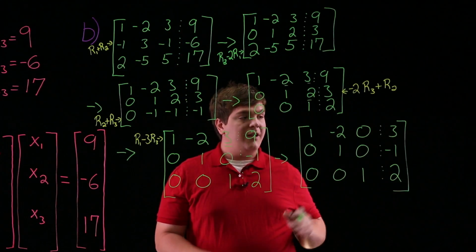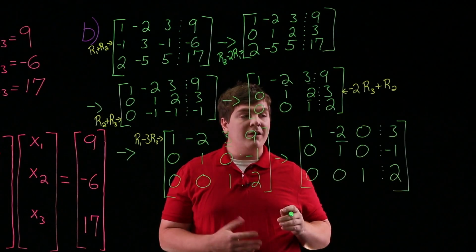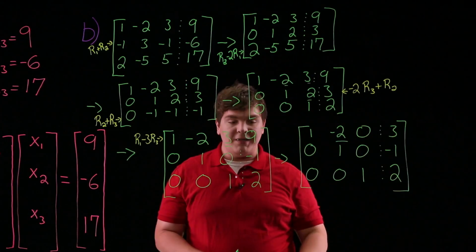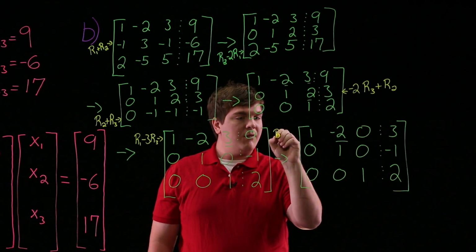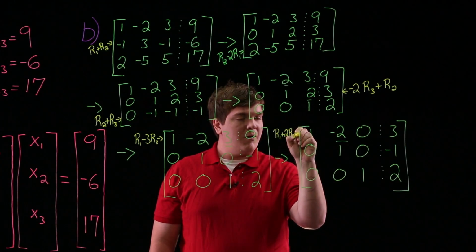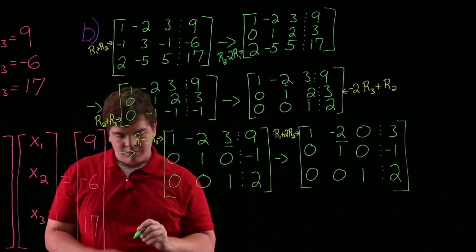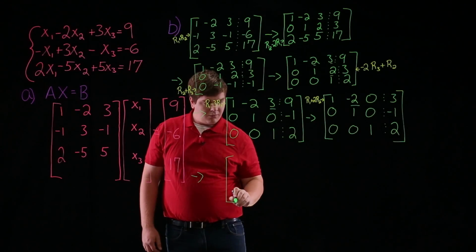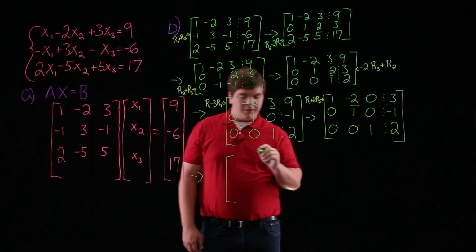So all that's left to get our matrix into reduced row echelon form is to clear out this negative 2. And we can do that by adding 2 times the second row to the first row and placing this in the first row. So we'll do R1 plus 2 times the second row. So we have 1 plus 2 times 0 is 1.